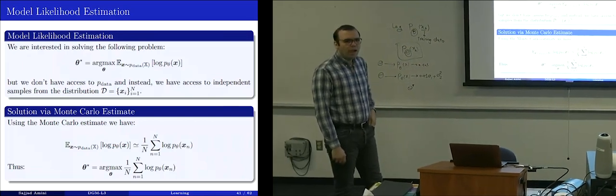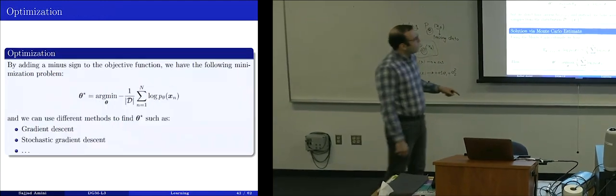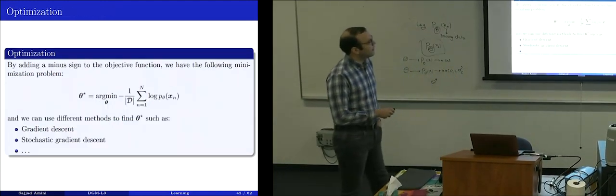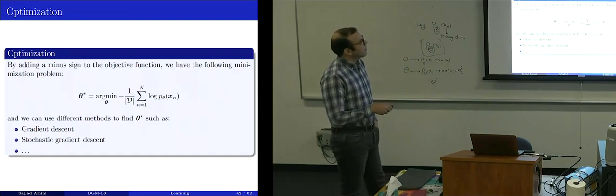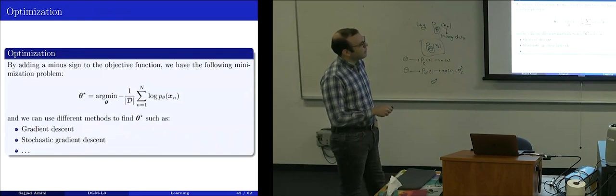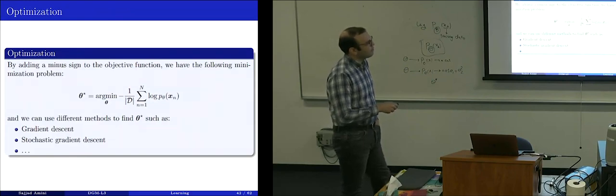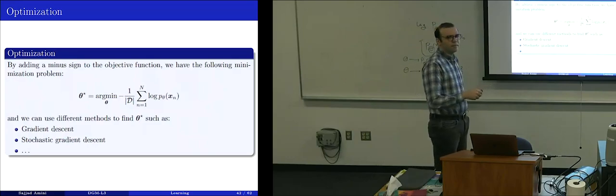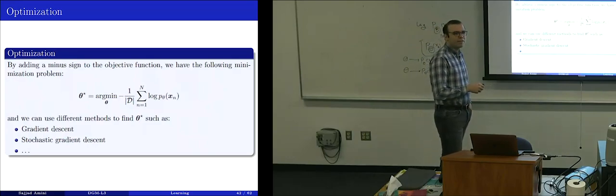Any question? Okay, so let's talk about the optimization procedure, how we can find the theta star. By adding a minus term here, I convert the maximization into a minimization. This is negative log likelihood, a very well-known estimation in statistics.